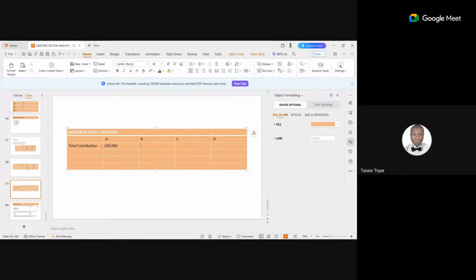For B, 432. For D is 10,448. So less total fixed cost.